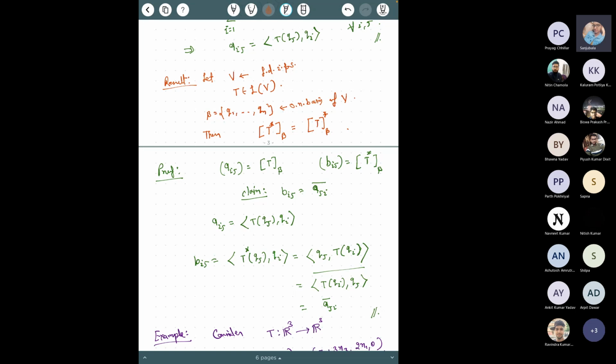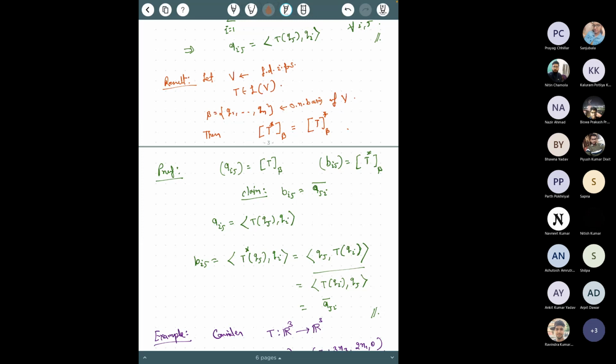Sir, the determinant doesn't change after taking the conjugate. It changes, but if it is non-zero, it remains non-zero. Yes. So the matrix of T star is invertible, and if the matrix of T star is invertible, this implies that T star itself is invertible.